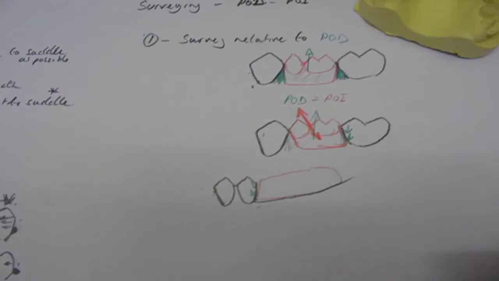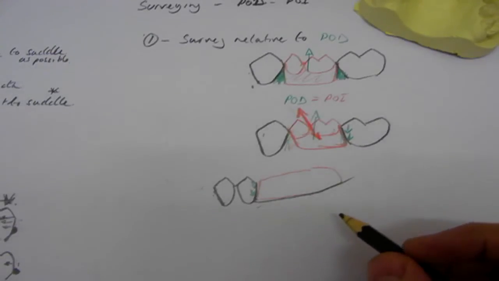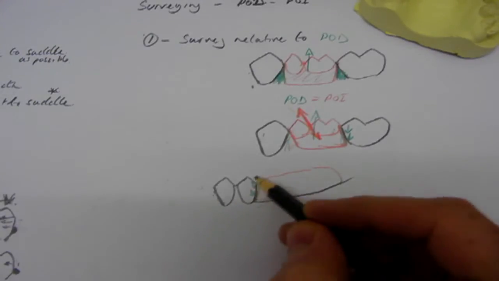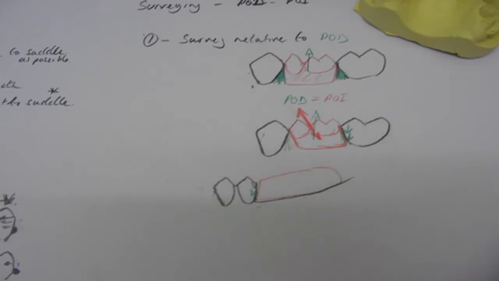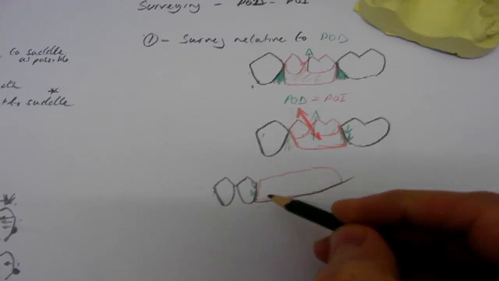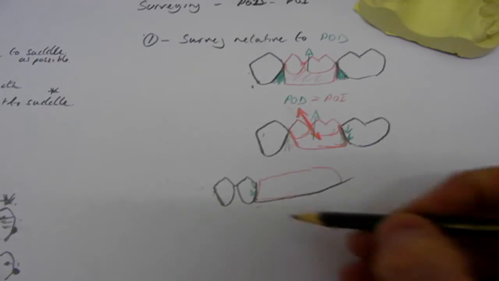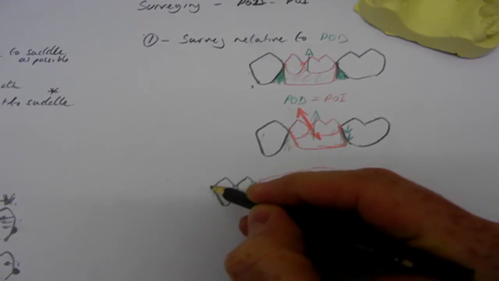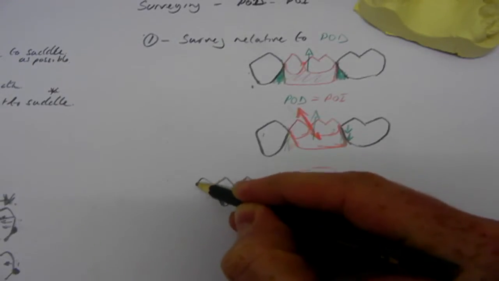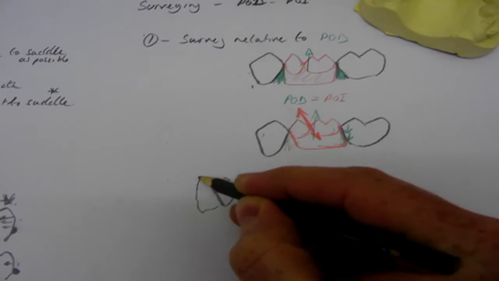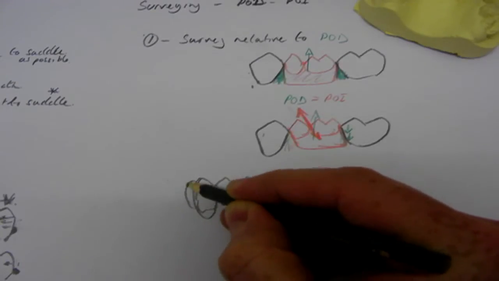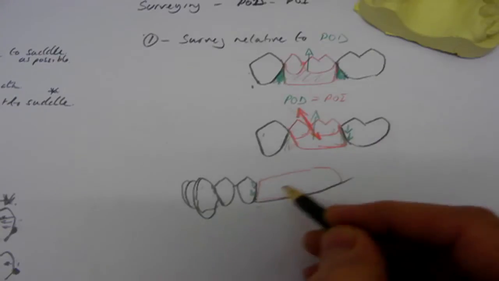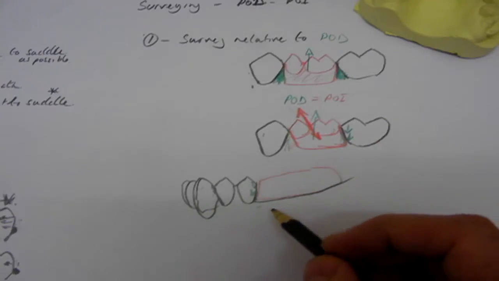The bits that I said I would come back to were regarding free end saddles and why we moved the occlusal rest for a free end saddle. So if this is our scenario here where we've got the free end saddle, a couple of premolars and not very good canine, and then a couple of incisors and so on duplicated on the other side, so we've got bilateral free end saddles.